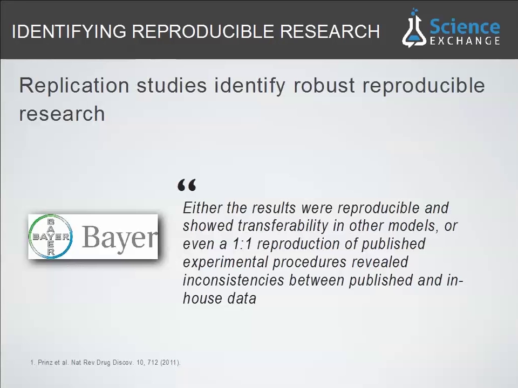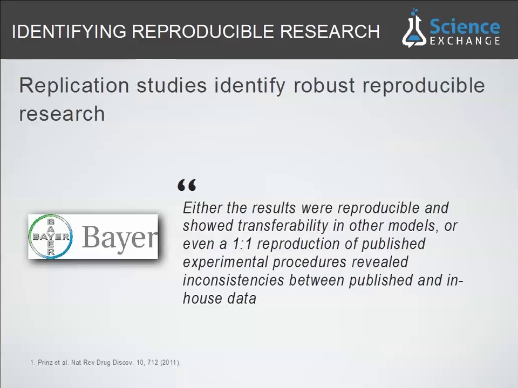So these are very valuable studies to conduct. Bayer found that either the results were reproducible and showed transferability into other models, or even a one-to-one reproduction of published procedures revealed inconsistencies. And so this suggests that doing replication studies directly provides a screening tool for identifying robust reproducible research that can be effectively built upon and transferred into other models.